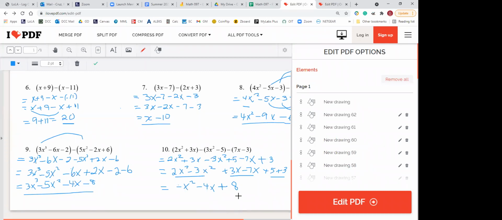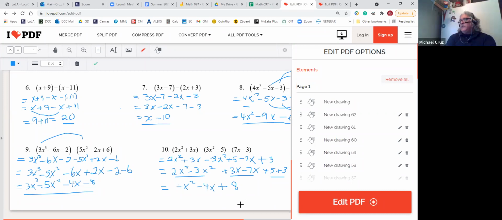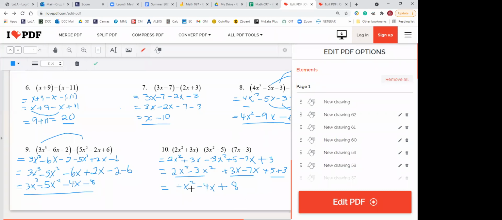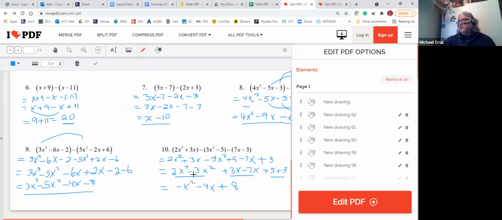How did you get negative squared? Because I got the 4x plus 8. You got what? Maybe I missed the 4x step. Well, I had 2x squared. 4x plus 8. You got 2x squared minus 3x. Okay?